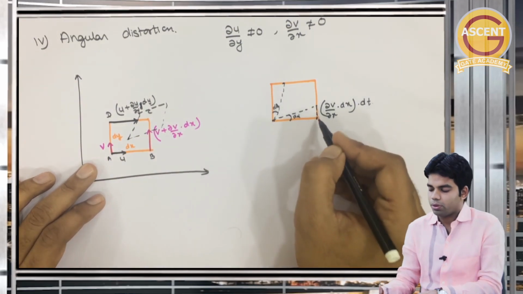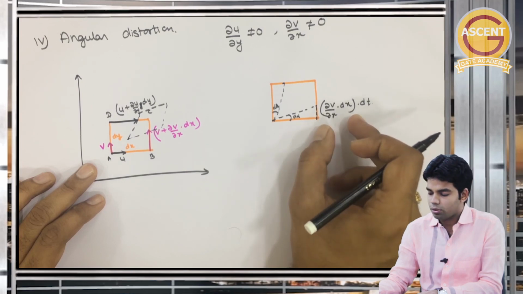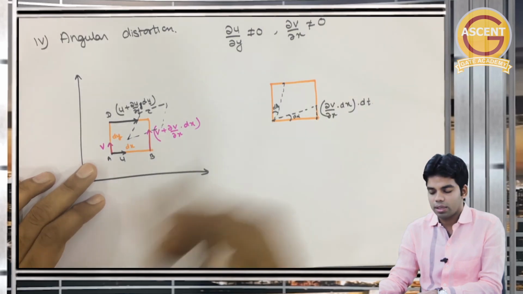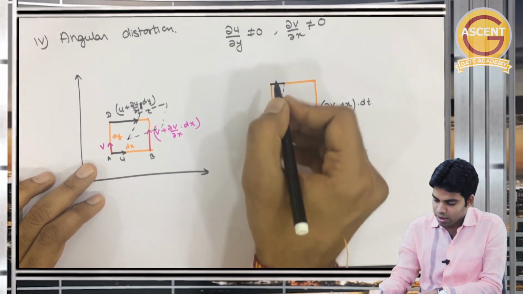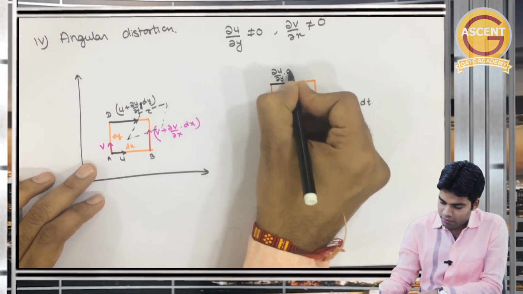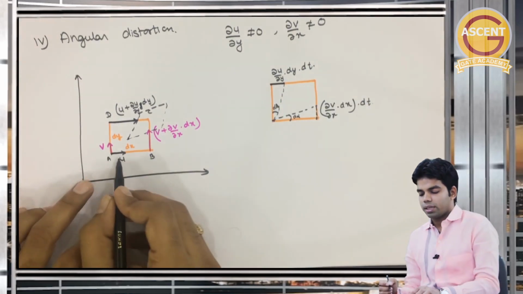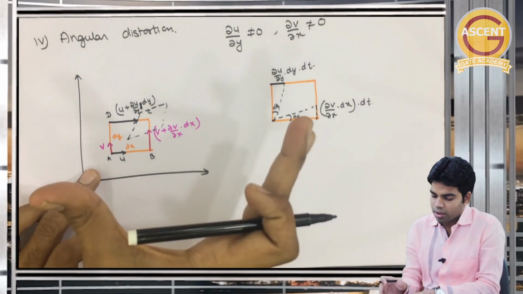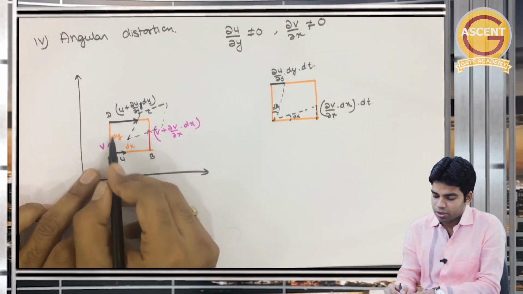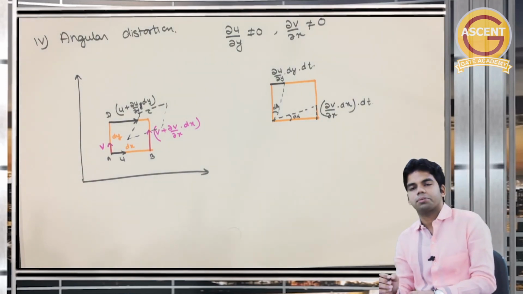Like this. So this distance, which is equal to velocity into time, is del v by del x into dx into dt. Similarly this distance will be del u by del y into dy into dt. Getting this? That means this OA is shifting in the anti-clockwise direction and this AD is shifting in the clockwise direction.